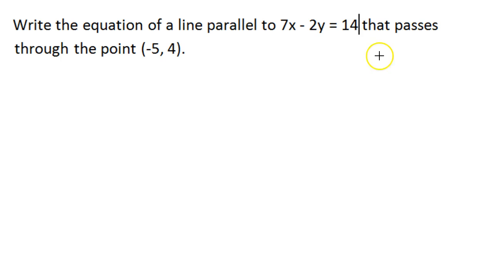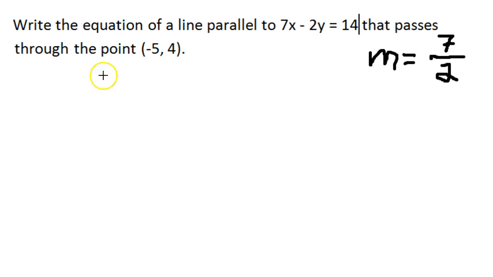Just to practice, we see that there's a minus sign between the x term and the y term, so that means our slope is going to be positive. We write the coefficient of the x in the numerator and the coefficient of the y in the denominator. So we know that the slope of this line is 7/2.